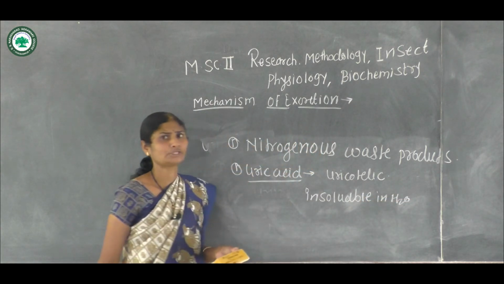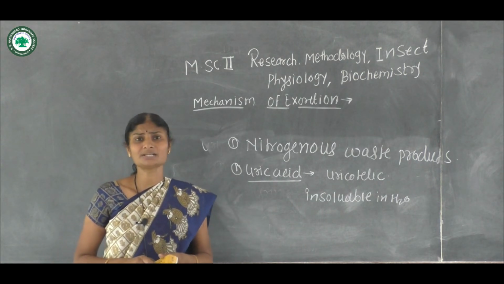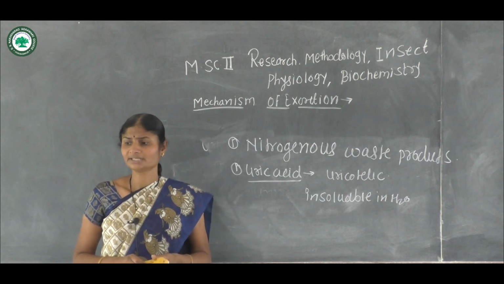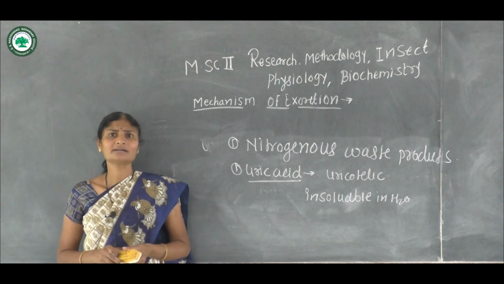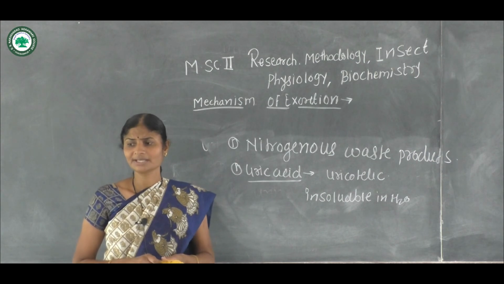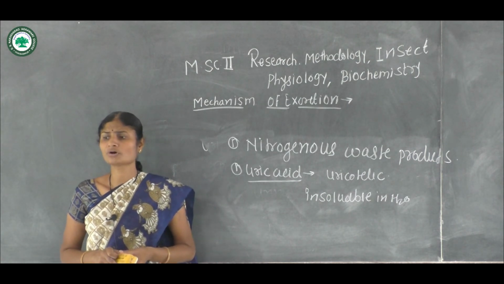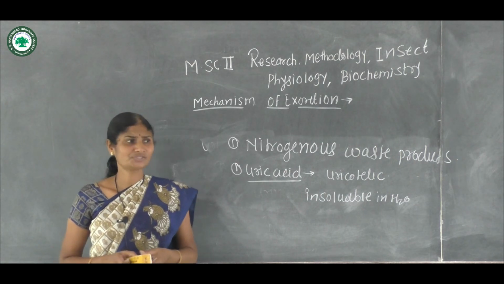Uric acid is insoluble in water and generally least toxic compared to ammonia. It is the nitrogenous end product of terrestrial insects.